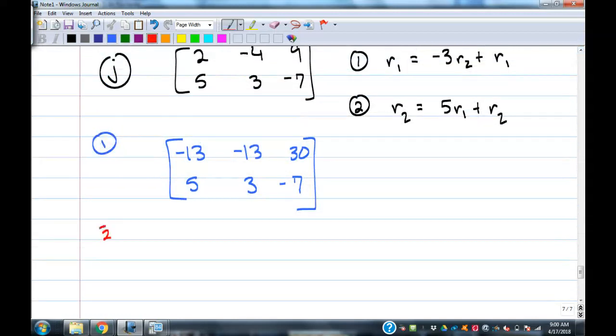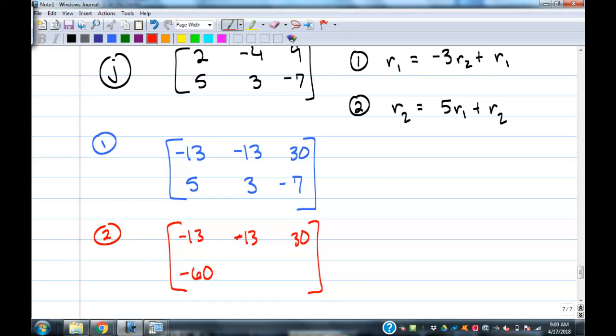Operation 2, which row is changing? Row 2. So I'm going to copy down row 1. 5 times row 1 plus row 2. 5 times negative 13, negative 65, plus 5, negative 60.